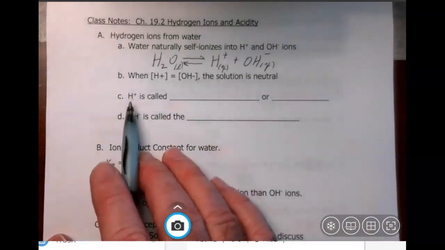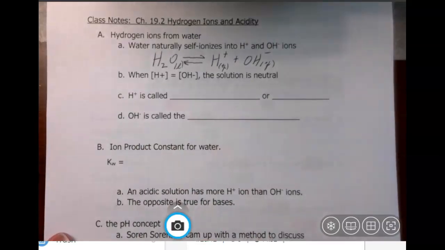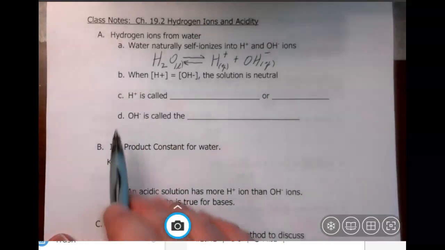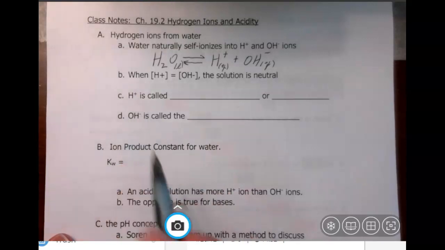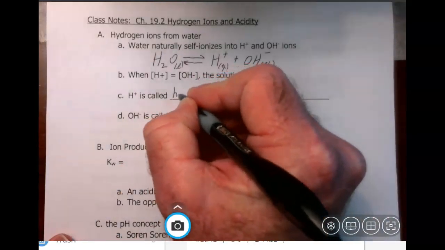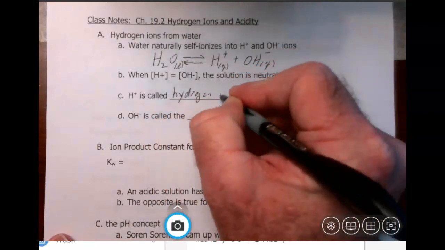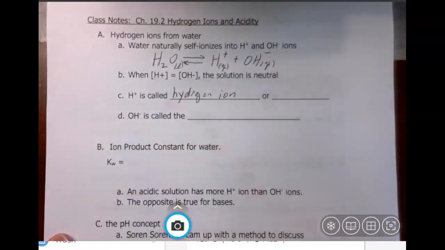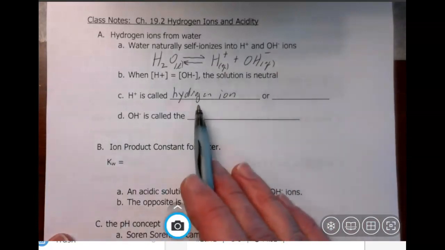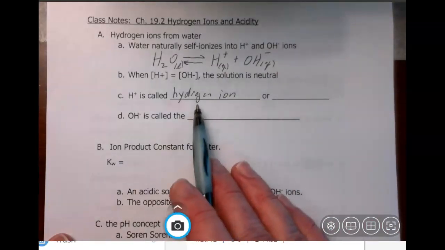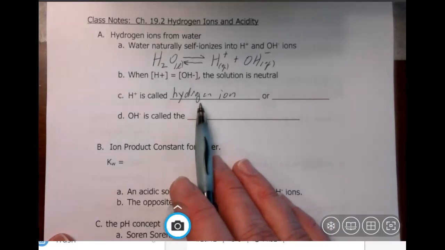So, just a little bit of vocabulary here. Oftentimes, I will call this H+. Its actual name is either hydrogen ion, or what I would usually call it. Now, if you think about what a hydrogen ion is, it's a hydrogen atom that has lost its electron.